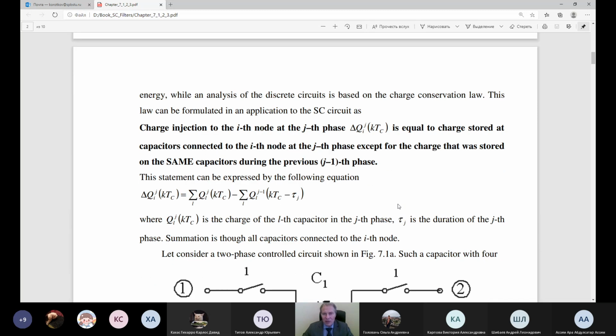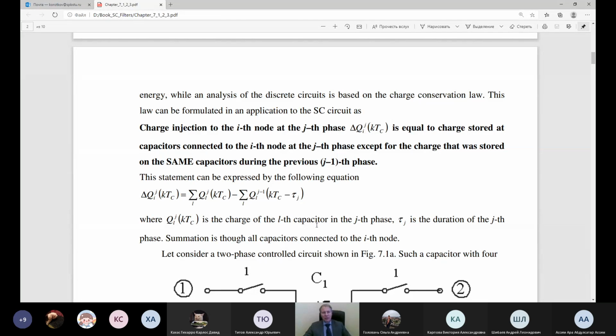So the number of equations corresponding to the circuit will be equal to the number of nodes, but twice, because we should prepare these equations for each phase. То есть, другими словами, количество уравнений будет соответствовать количеству узлов, но только при этом удваивается по количеству фаз.